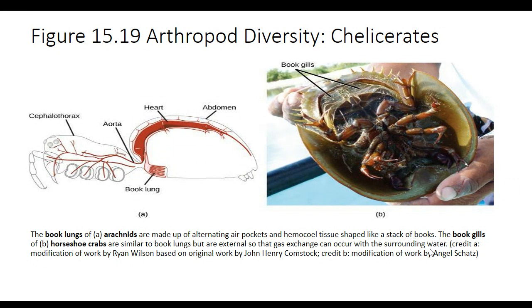Spiders have 4 pairs of legs and also another little pair of mini legs called pedipalps that they use for handling food and stuff. There's the book lungs, thin sheets of tissue that absorb oxygen from the air. These would be the spinnerets, where the spider produces silk for making webs.